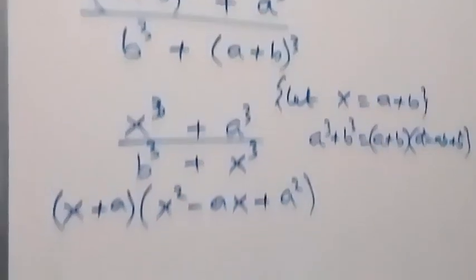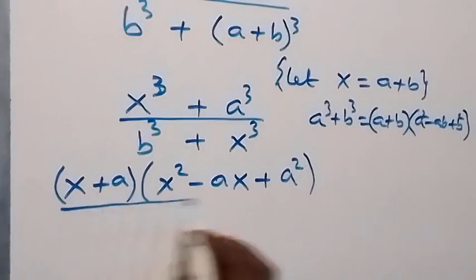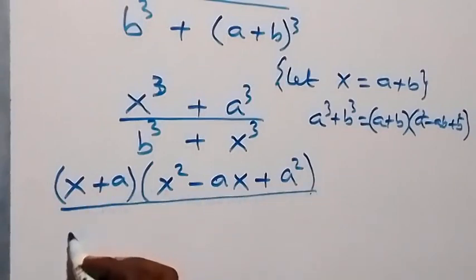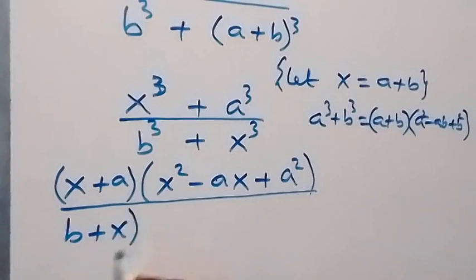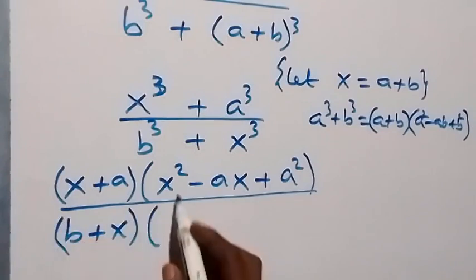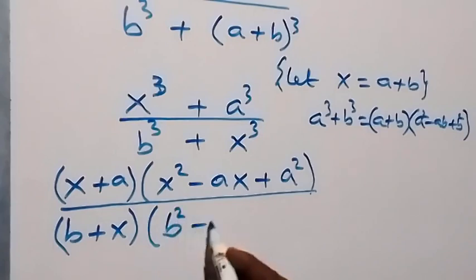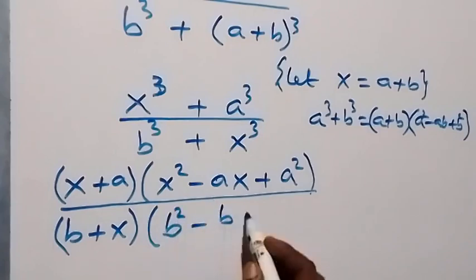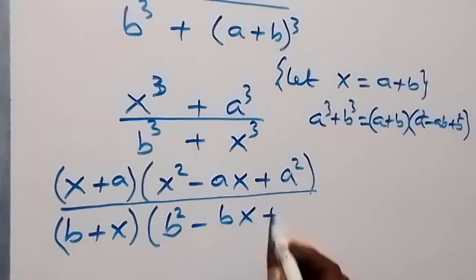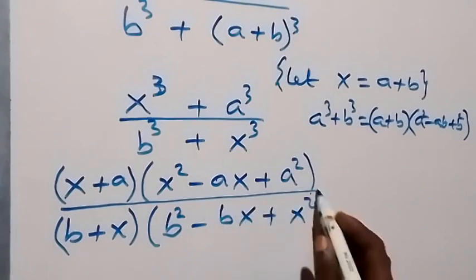Then divided by, also from here we have B plus X, then into bracket B square, then minus BX, then plus X square.